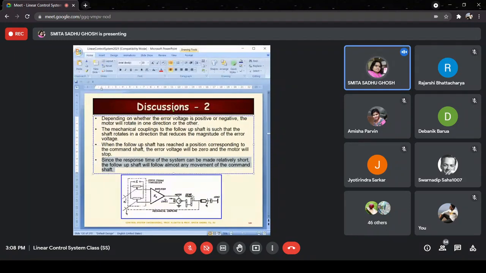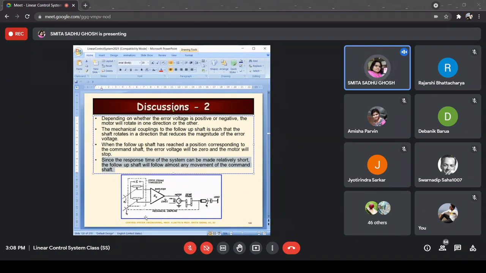So, whatever components go inside, if we are able to make the response time small enough, then if we apply a particular theta r, theta c will closely try to follow it, because as long as there exists a difference in the angular positions theta r minus theta c, there will be a corrective action, including correcting if theta c has overshot.